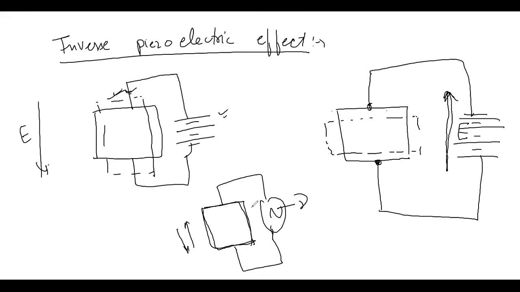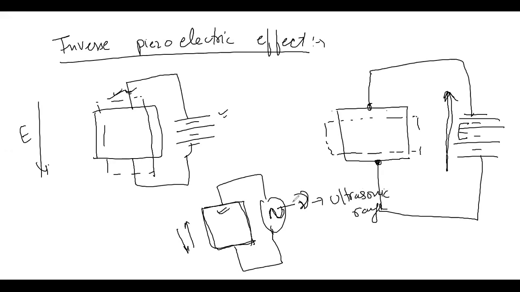Now, if I can make this frequency in the ultrasonic range, so this crystal will start changing its dimension with ultrasonic frequency. अगर ये जो आप यहाँ पे ऑल्टरनेटिंग पोटेंशियल जो अप्लाई कर रहे हो, अगर इस ऑल्टरनेटिंग पोटेंशियल की जो फ्रीक्वेंसी है, we'll talk about how we can do that also.